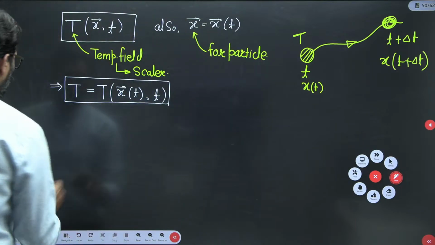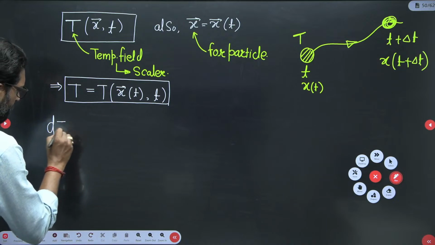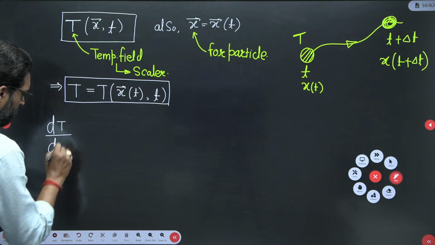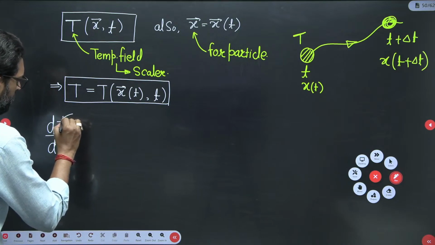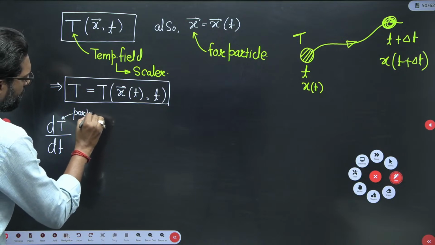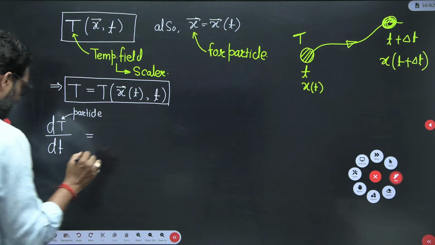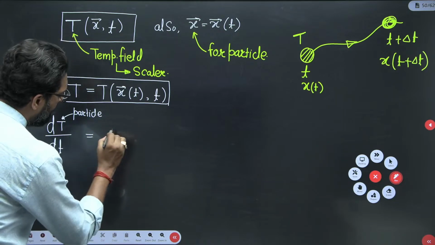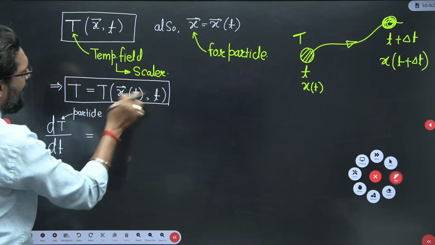Now we have to develop the equation for dT by dt, the temperature change with time. This is for the particle. We are saying the change in temperature of the particle is equal to, now T is a function of x and t.